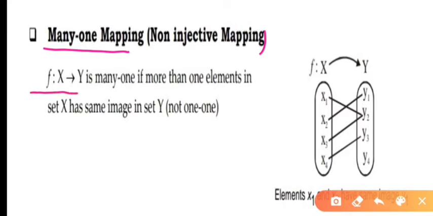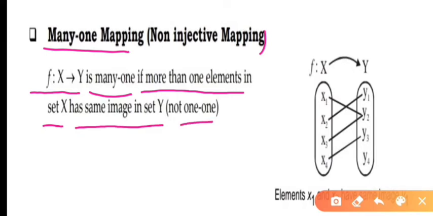A function f from X to Y is many-one if more than one element in set X has the same image in set Y. It is not one-one. If more than one element in set X has the same image in set Y, the elements of set X share an image in set Y.